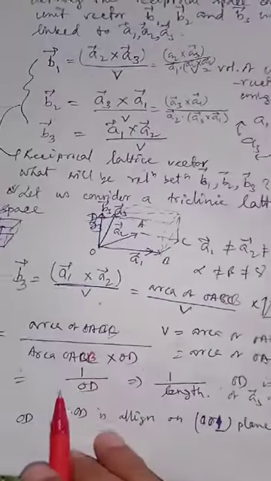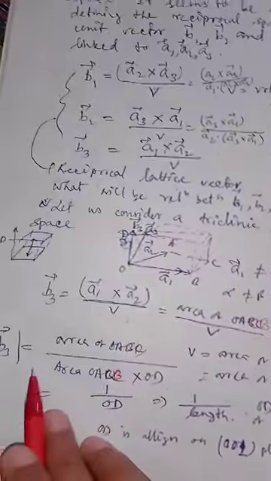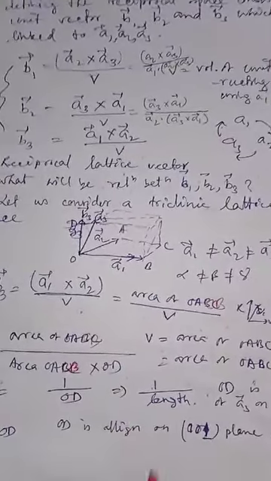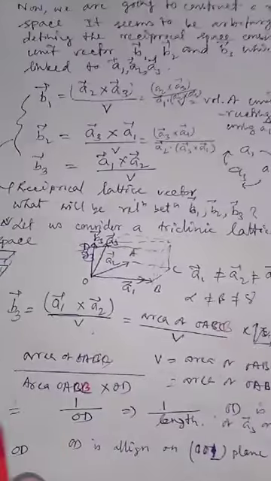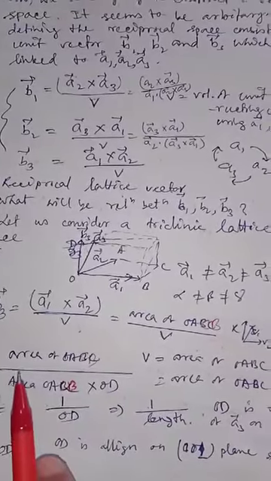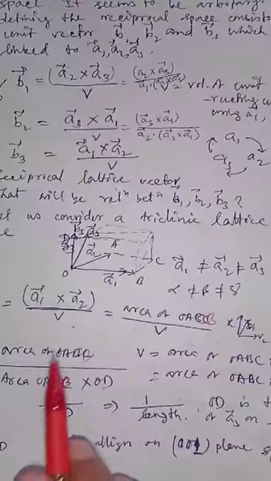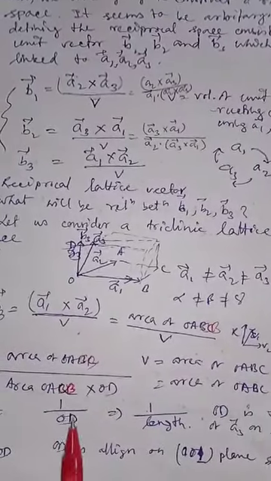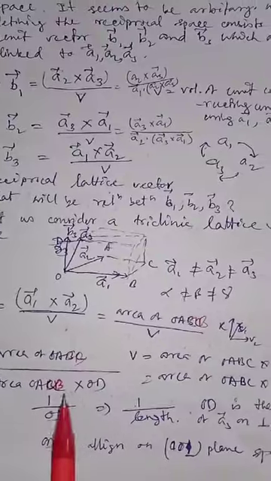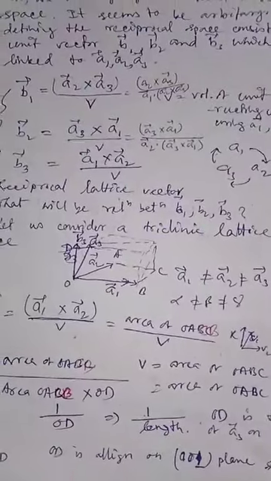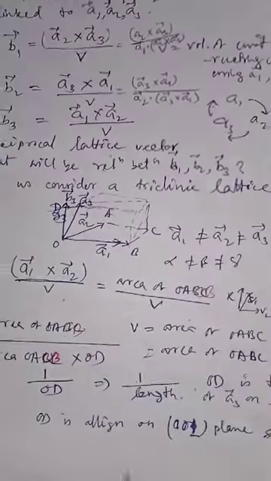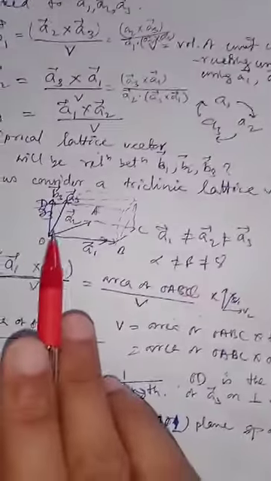So from this expression you can see that the magnitude of B is 1 by OD. 1 by OD means 1 by length. So the magnitude of a reciprocal space vector is inverse to the length. So that proves that it is a reciprocal space vector. OD is aligned on the 0, 0, 1 direction towards the C axis.